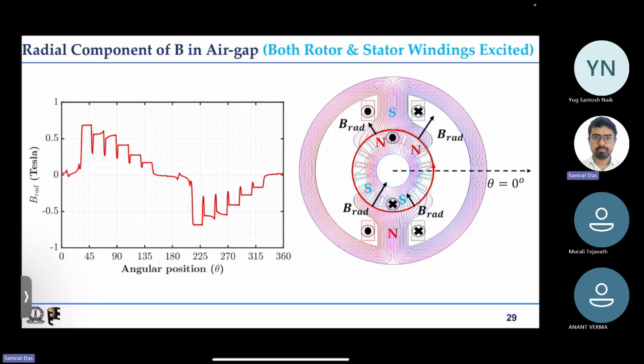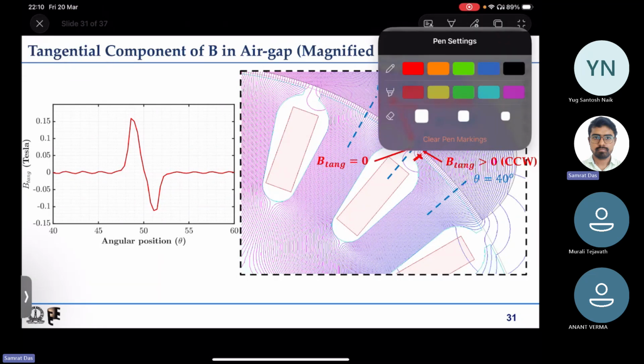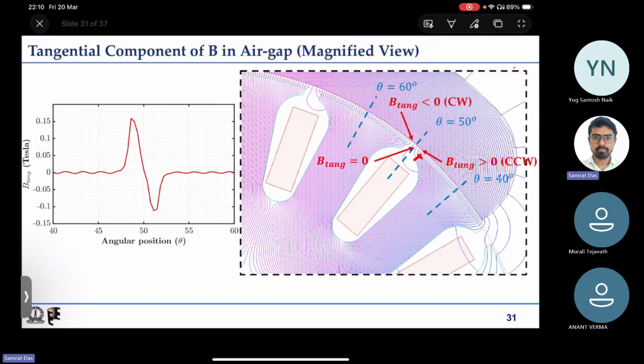Actually the torque gets produced due to multiple tangential forces acting on the different edges of the teeth. On this edge we will have some tangential force. Which way will it act?